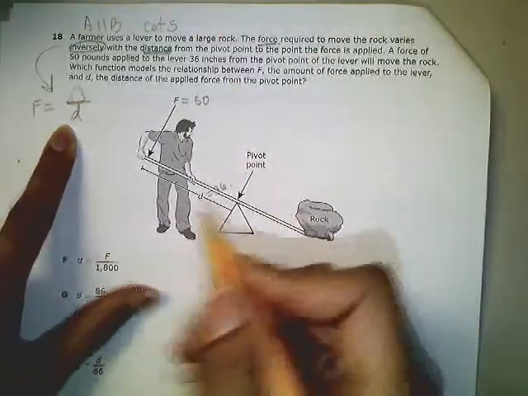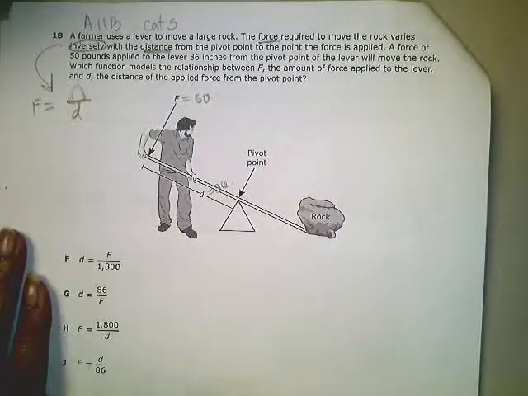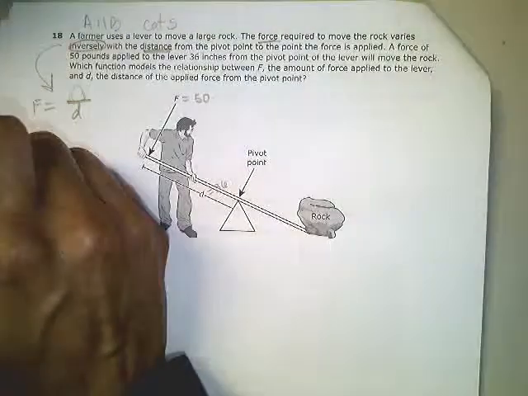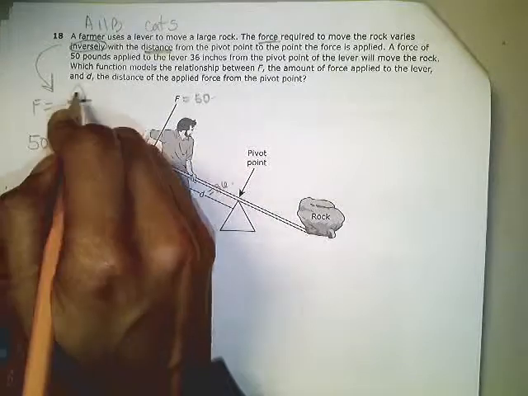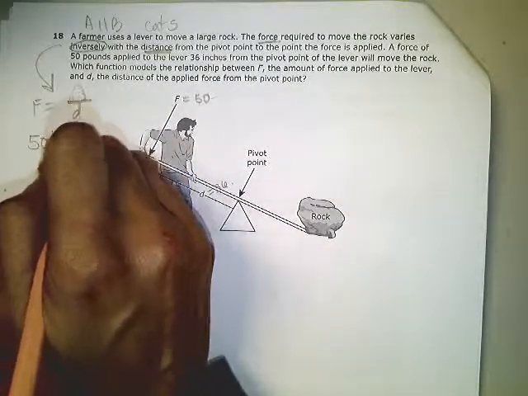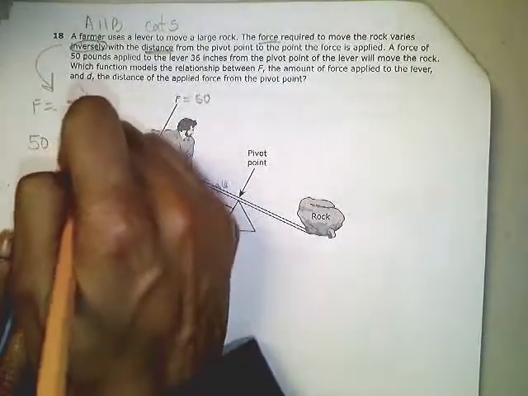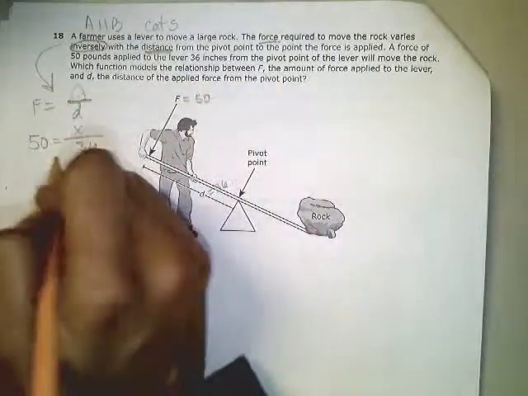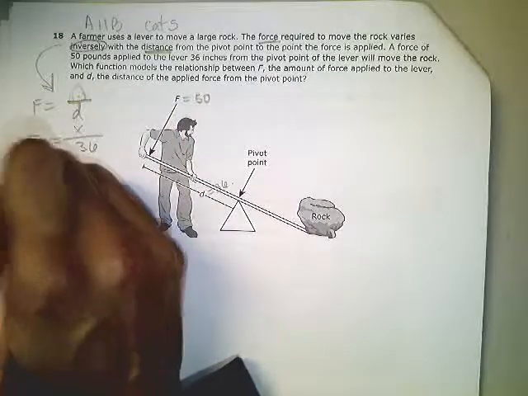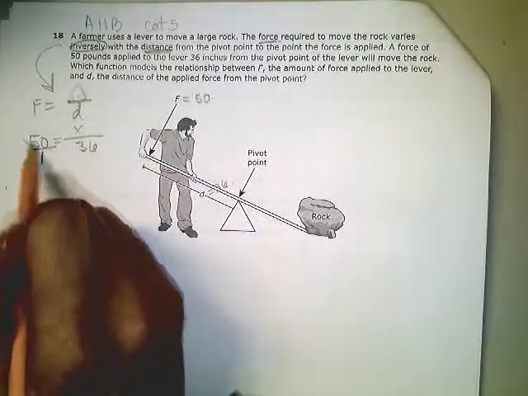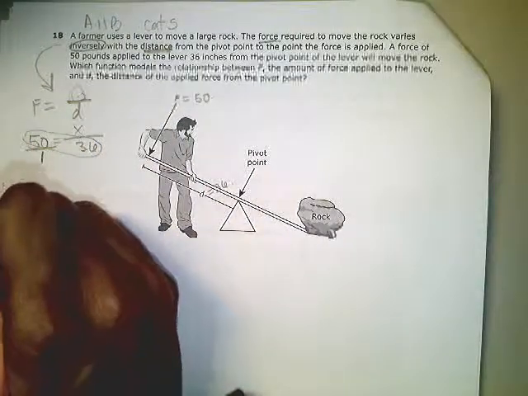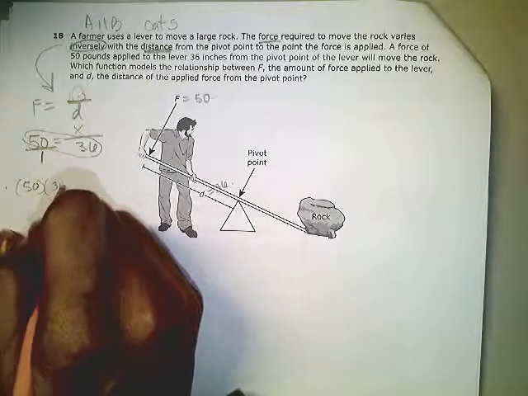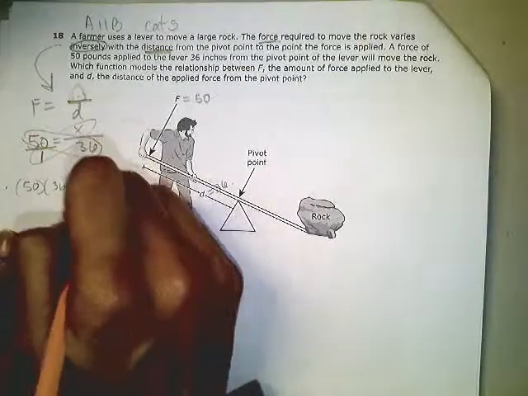All right, so I'm going to substitute F for 50 equals, let's just say this is X for unknown, and D is 36. To solve for X, since this is a fraction, I'm going to make this a fraction by putting 1 under it. You just cross multiply. 50 times 36 equals 1x.